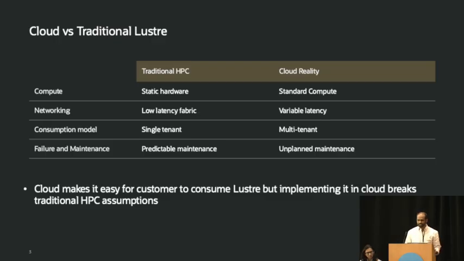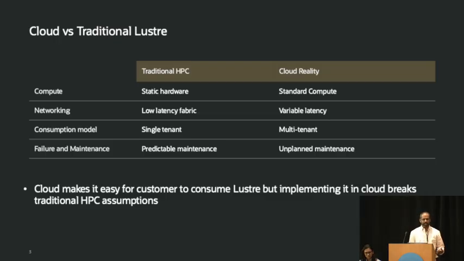In this slide, we talk about the challenges that we usually face in deploying a Lustre service in the cloud. Cloud is easy for customers. It makes it easy for customers to consume resources. They can easily provision.